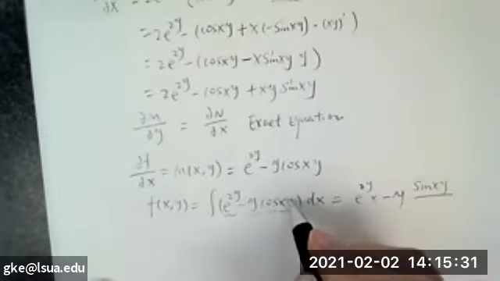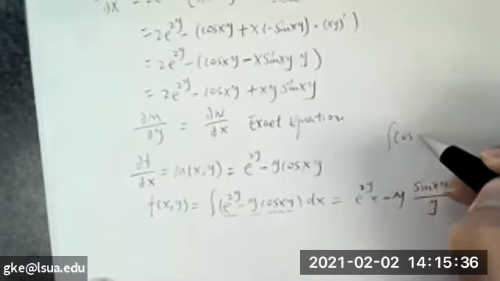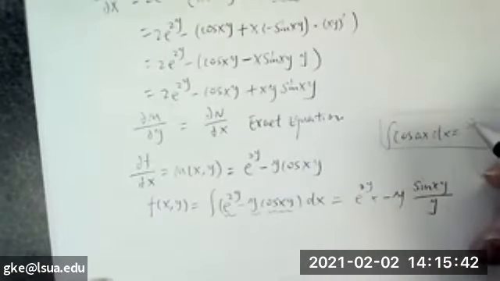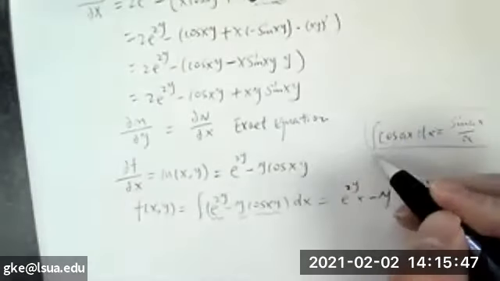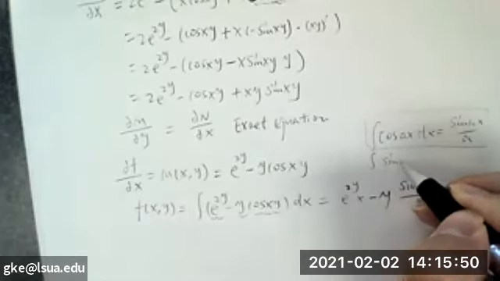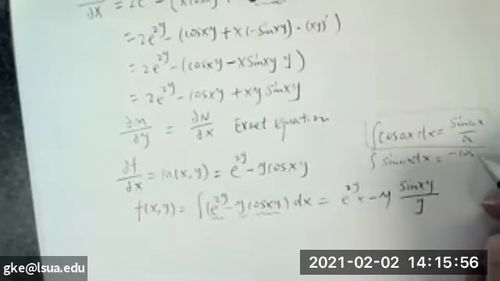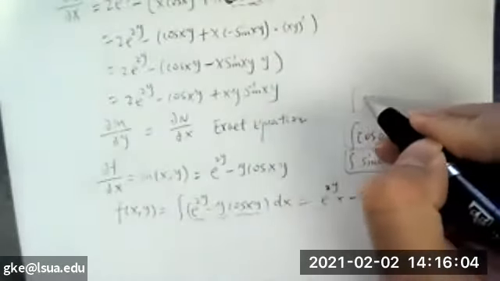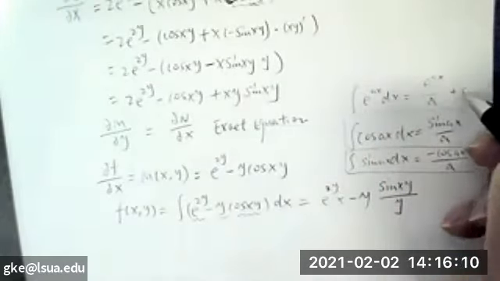Sine divided by the coefficient y. So for the antiderivative, the formula should be like sin(ax) divided by a. You divide by the constant a. Or if you have the integral of sin(ax) dx, that means negative cos(ax) divided by a. Or for e^(ax) dx, that should be divided by a.